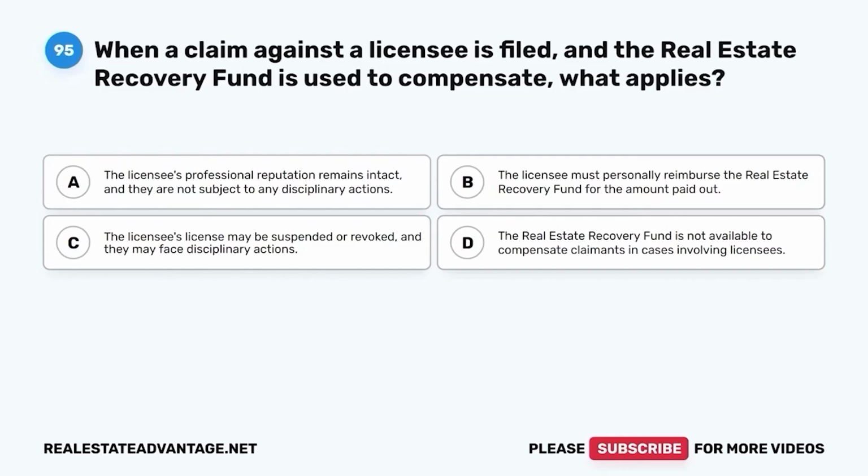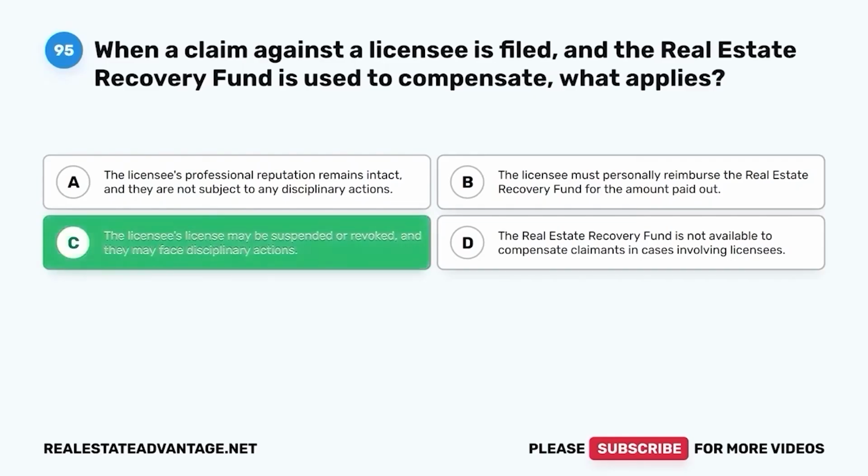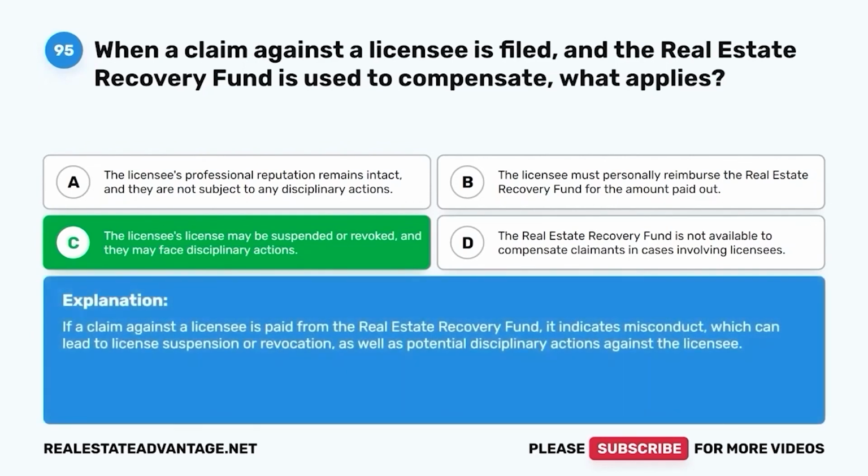D. The Real Estate Recovery Fund is not available to compensate claimants in cases involving licensees. The correct answer is C. If a claim against a licensee is paid from the Real Estate Recovery Fund, it indicates misconduct, which can lead to license suspension or revocation, as well as potential disciplinary actions against the licensee.